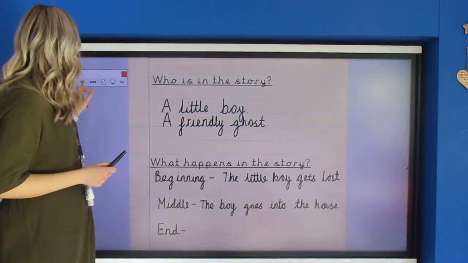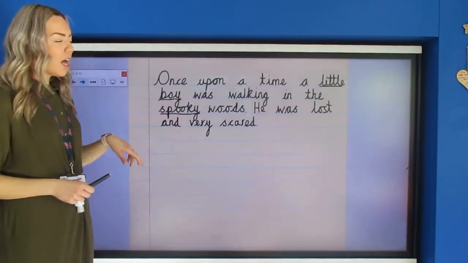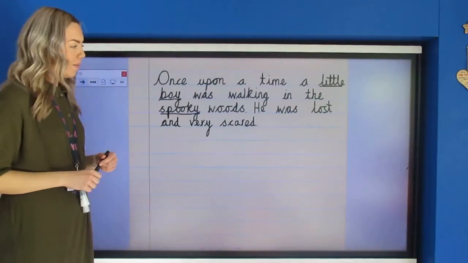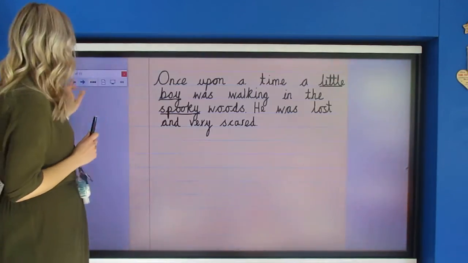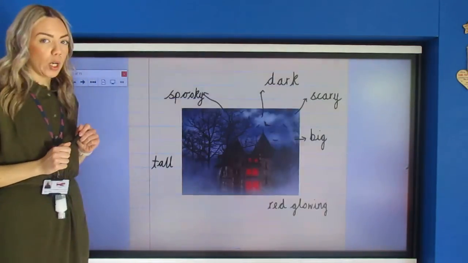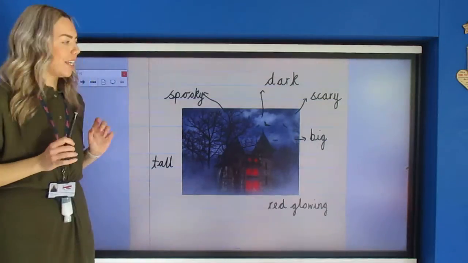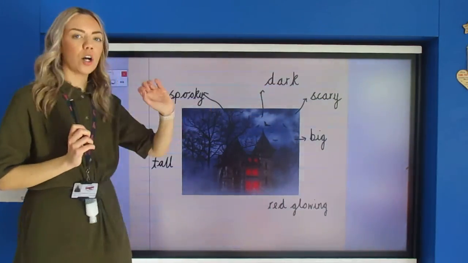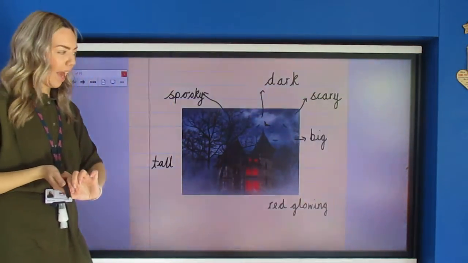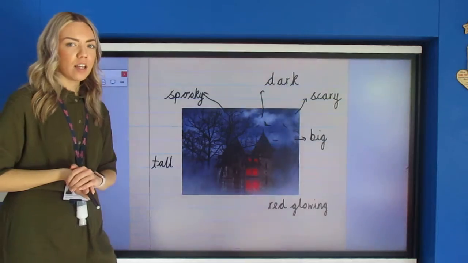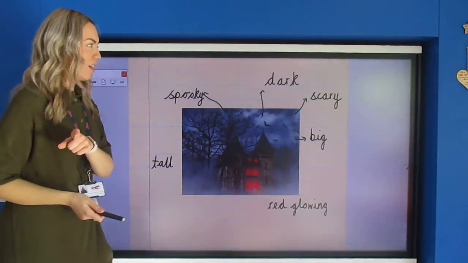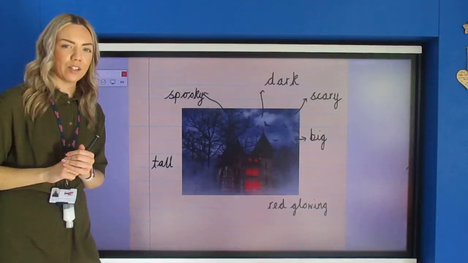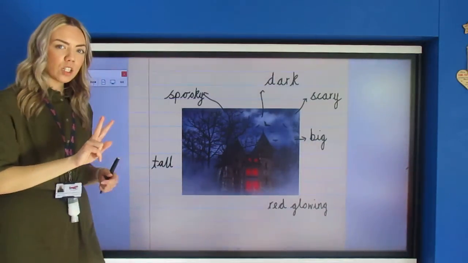So I would go back now to my story and I can write my next two sentences. Okay? Thinking about my adjectives, I might write, the boy crept into the big dark house. Okay? He met a ghost, but it was a friendly ghost. Okay? And those would be my two sentences for my middle.